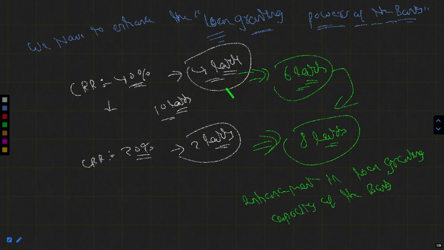So the bank could lend out more and more loans and infuse more and more money supply in the economy, which will eventually lead to a rise in the purchasing power of people. And eventually the demand will rise, leading to an increase in price as well. So that's how the CRR works for deflation and inflation.